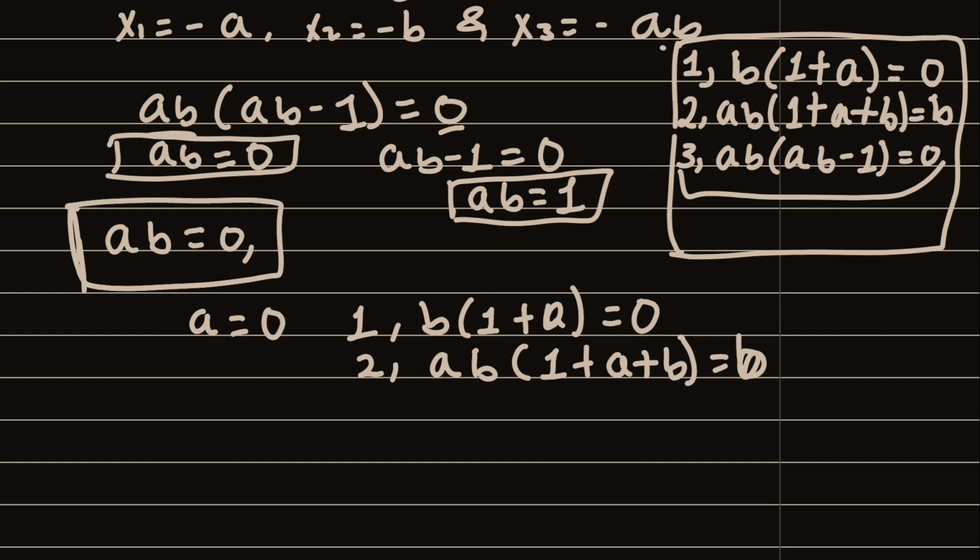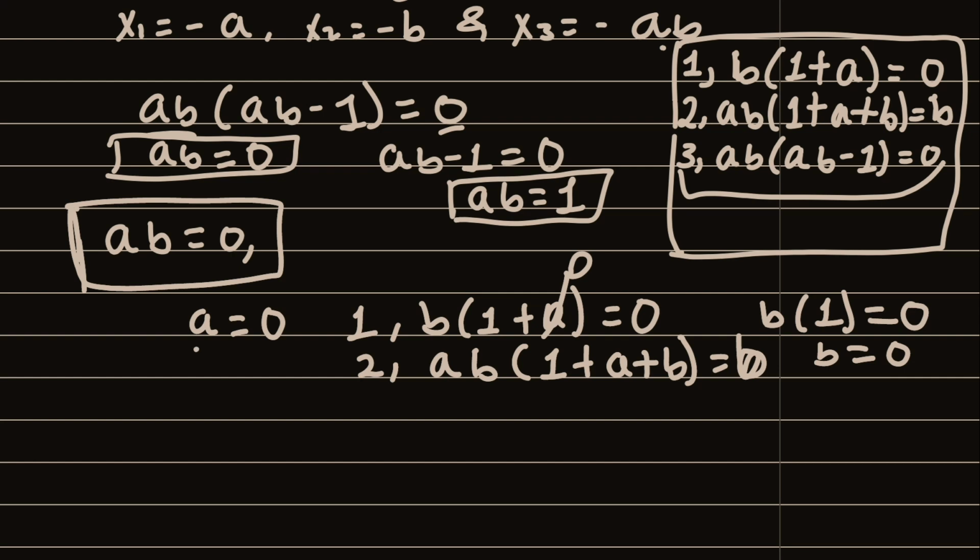When a is equals to 0, the first formula will be b times 1 plus 0 is 1. b times 1 equals to 0. So b times 1 is b. b is equals to 0.